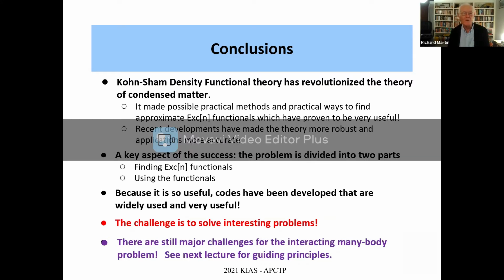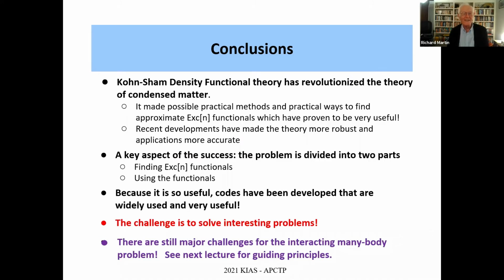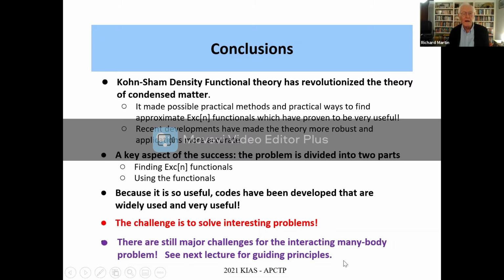And because it's so useful, there are these codes that have been developed that are very, very useful. The challenge is then to solve interesting problems. So I'm going to stop now, and in the next lecture, I'm going to talk about some of the major challenges due to the interacting many-body problem and some guidelines for how to look at this. So thank you.